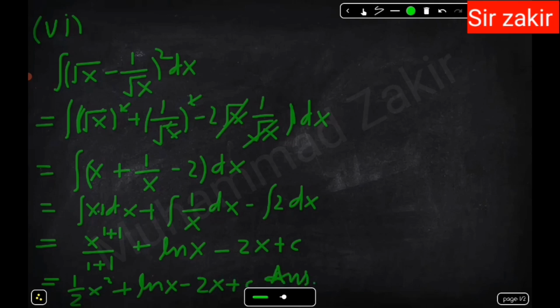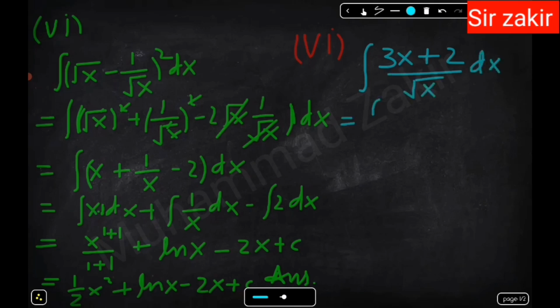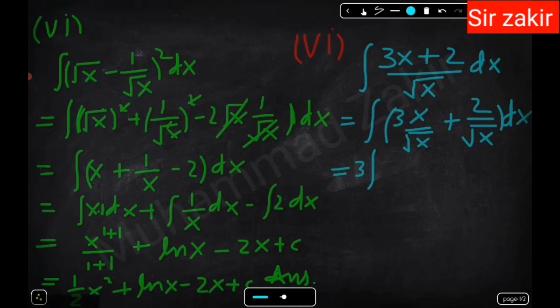Let us do part number 7. It is integration of 3x plus 2 divided by square root x dx. We write this separately: 3x by square root x and 2 by square root x dx. It can be written as 3 integration x power 1 minus 1 by 2, since the denominator power 1 by 2 is subtracted from the numerator, plus 2 integration x power minus 1 by 2 dx.